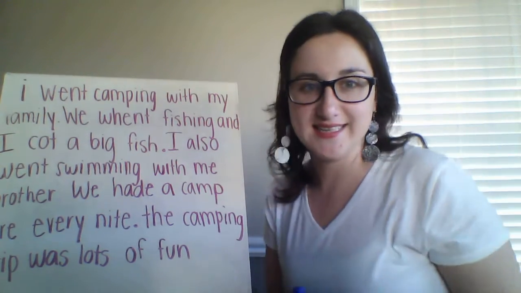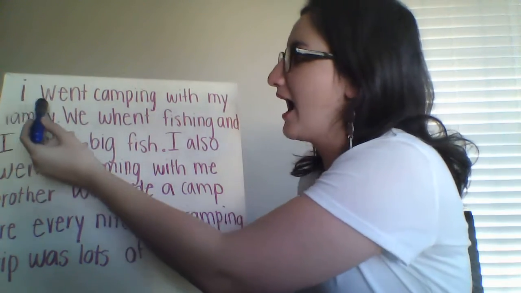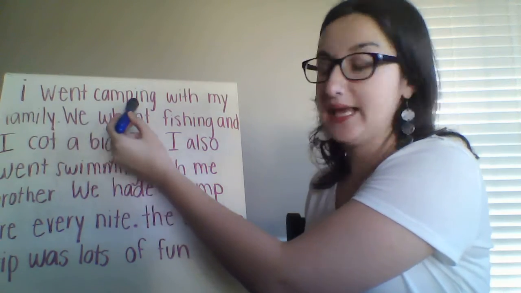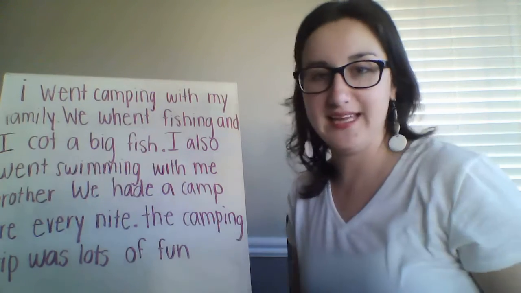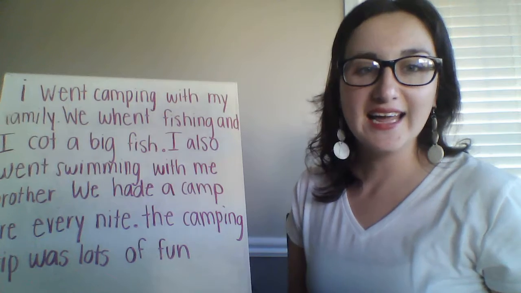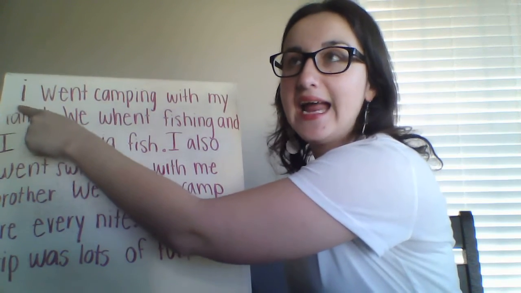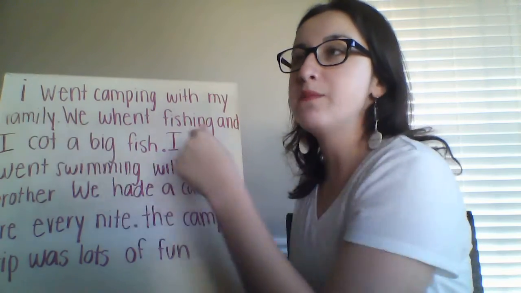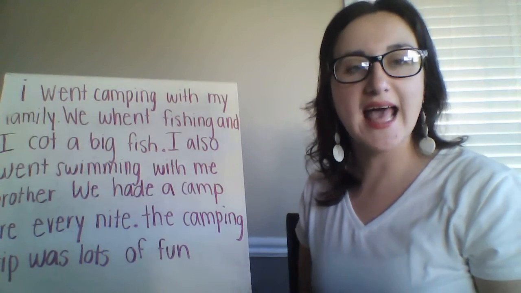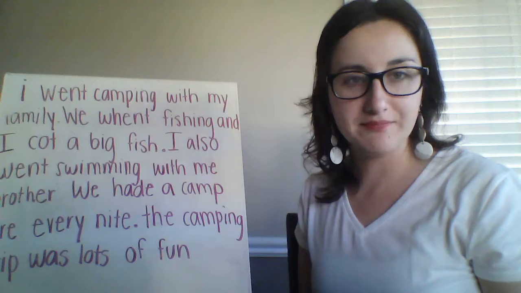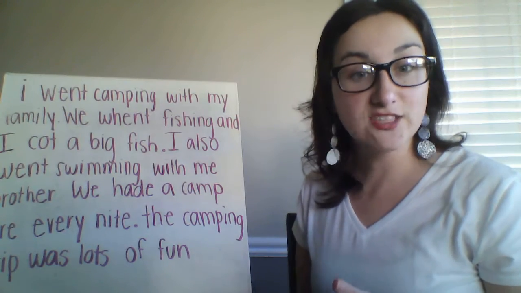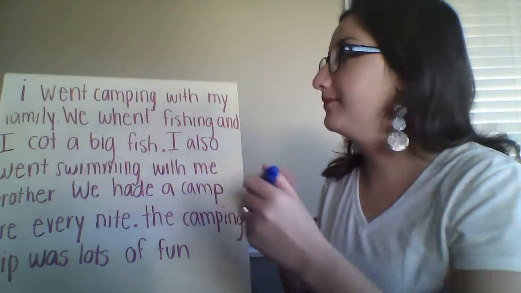The first sentence says, I went camping with my family. I take a look at the first word in the first sentence, and I, as a writer, am asking myself, does that start with a capital letter? It does not. That is a change I can make right away.